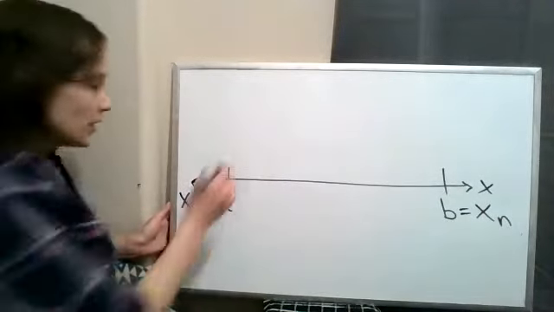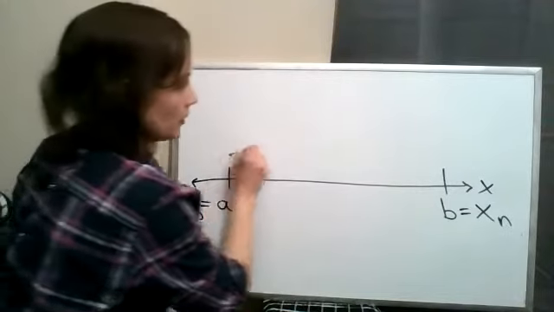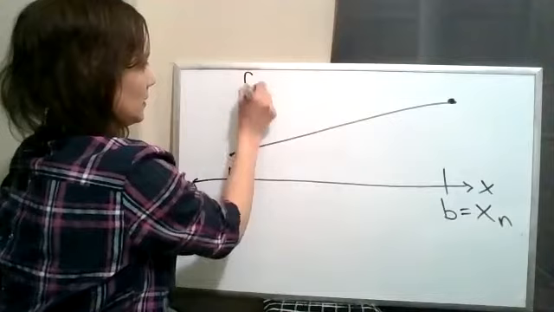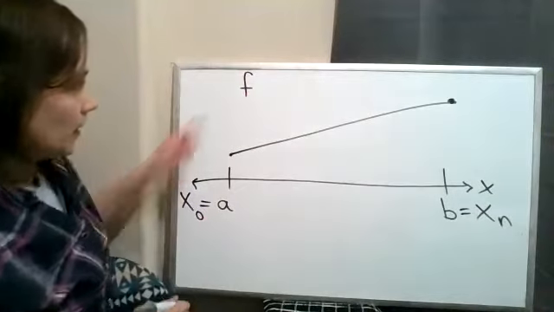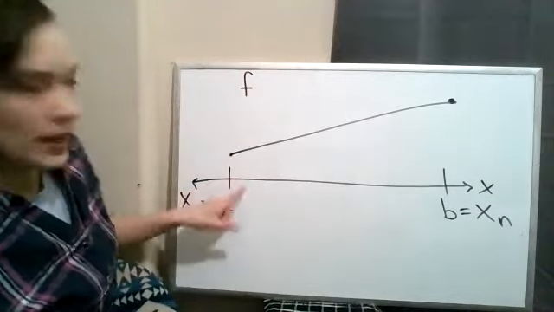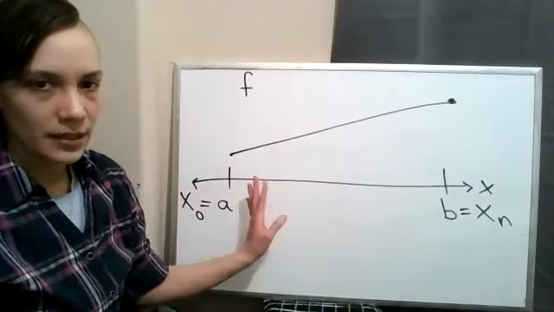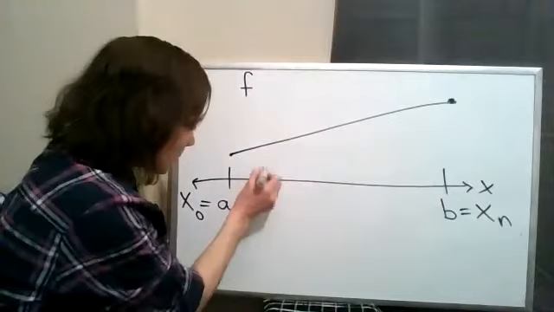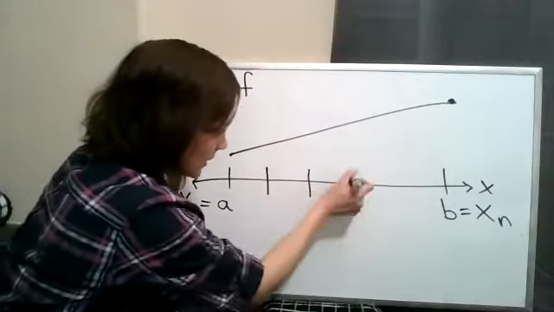We have a function from here to here called f. Then we're going to break up the interval from a to b into subintervals, and I'm going to slice it up like this.